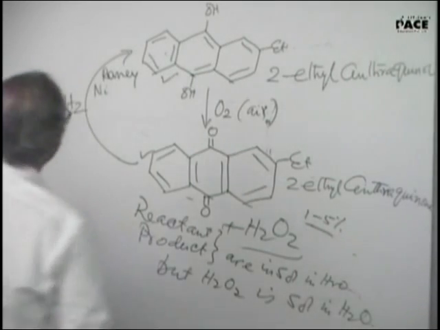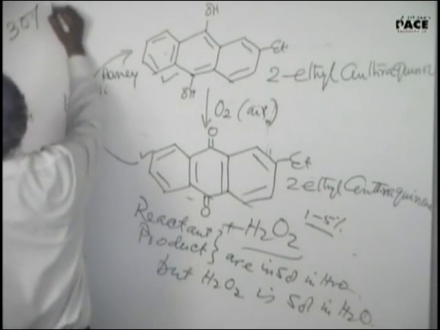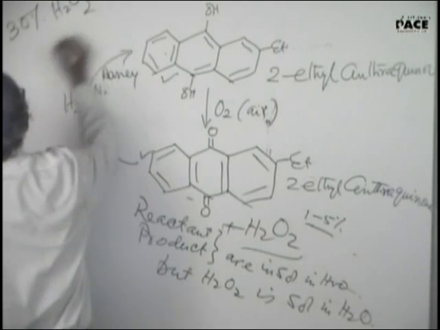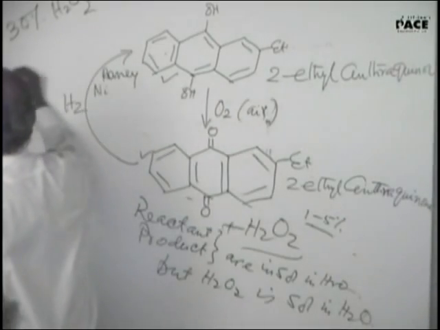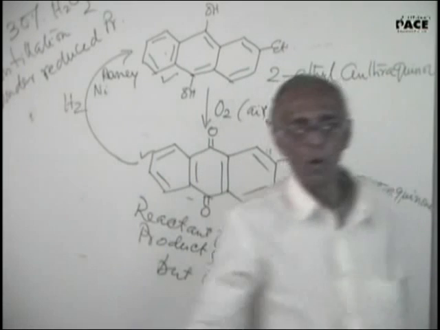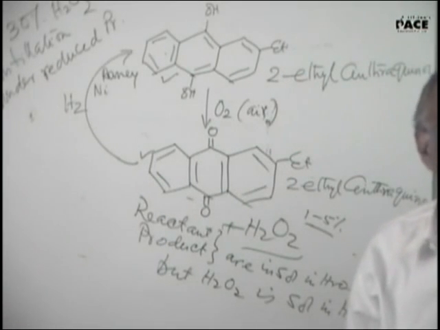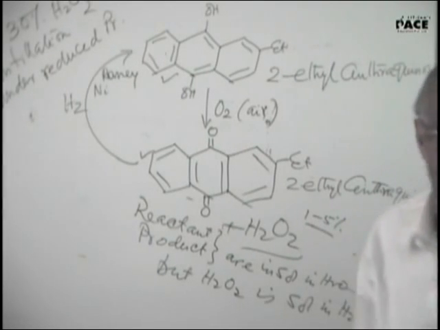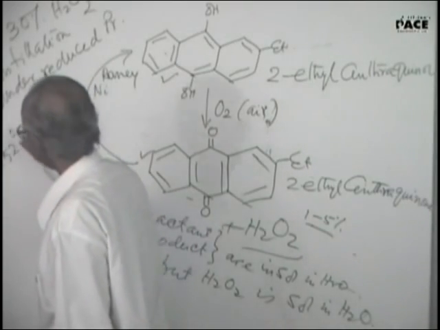Hydrogen peroxide, 30% strength, can be obtained by distillation under reduced pressure. Why under reduced pressure? Because lowering the pressure lowers the boiling point. Hydrogen peroxide boils at 152 degrees Celsius.